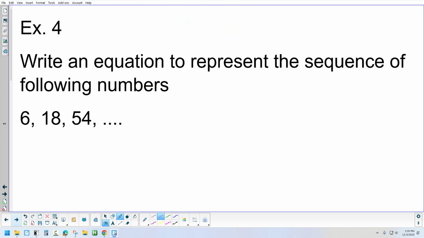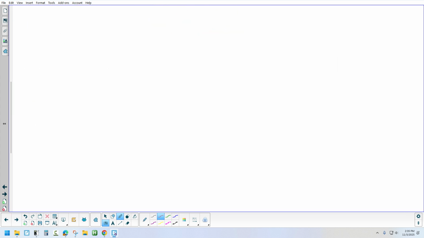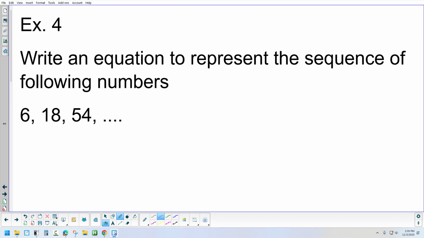Okay. Let's try this one. The last one is example 4. What are the two things I have to figure out in my formula? I need to know the first term and the common ratio, not the second term.